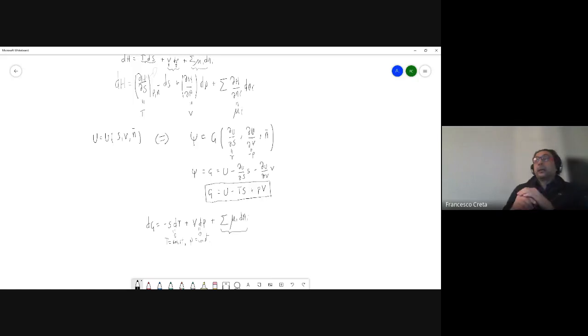I can, for example, have a chemical reactor, which is open to the atmosphere, so it operates at constant pressure, and I subtract heat so that I'll keep it at the same temperature. That's essentially a situation that is far more familiar in a laboratory setting than keeping, for example, the system isentropic or isolated.